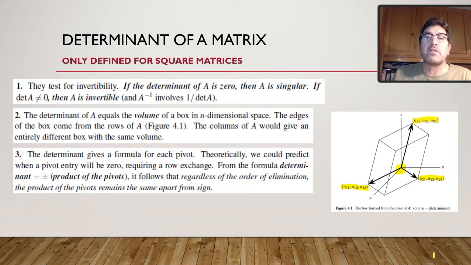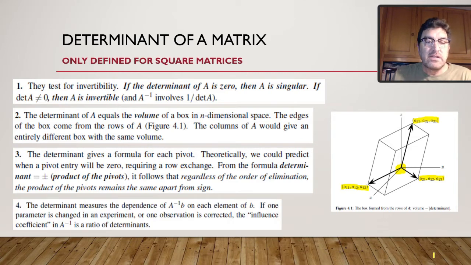The sign might be different, the products are the same. So the determinant measures the dependence of the inverse multiplied by B on each element of B. So if one parameter is changed in an experiment, or one observation is corrected, the influence coefficient in the inverse is the ratio of these determinants.